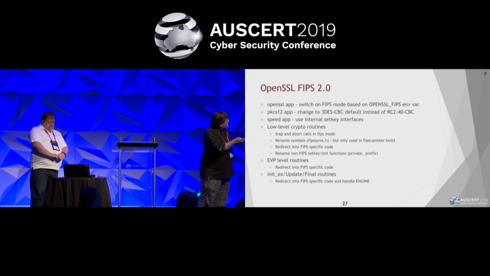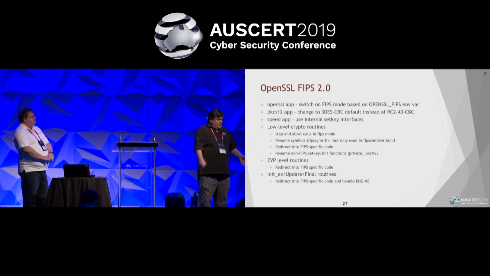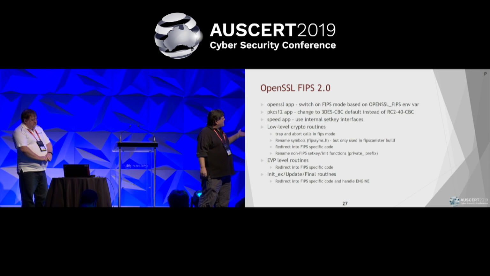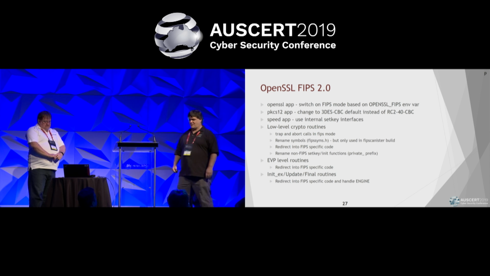And if you especially note the old cipher it was using, a nice export quality RC2, everybody's favourite. And all the low-level crypto routines needed to be patched because you could still call them. They just had to return an error basically, but every single one had to be patched. Even the EVP routines, which is our nice interface, had to be patched to support FIPS. It was a mess.